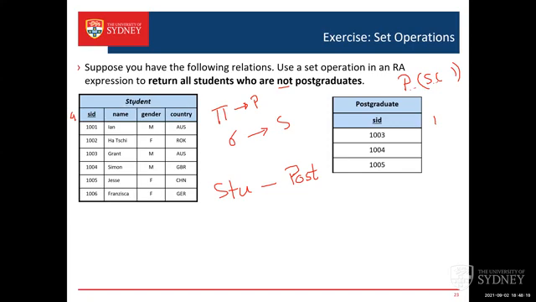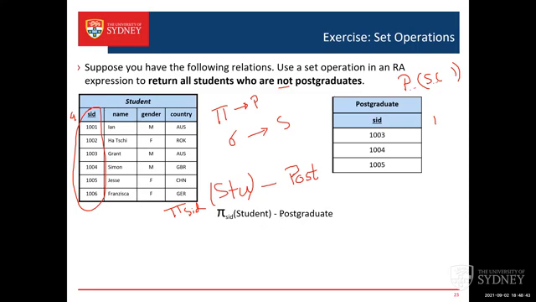So from student, I first need to select the student ID. How do I select? We use project, right? So project SID. If I only do that, what am I going to get? Only this part, right? This will give me only SIDs, and in here I have the SIDs. So this is why we are writing something like this.